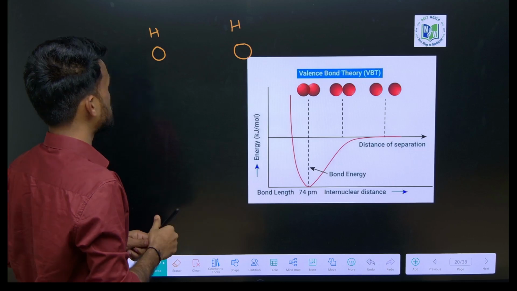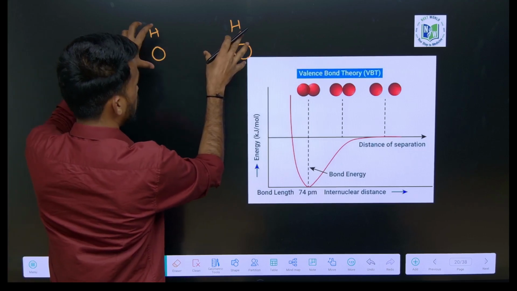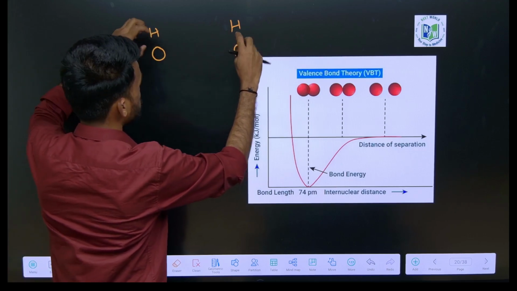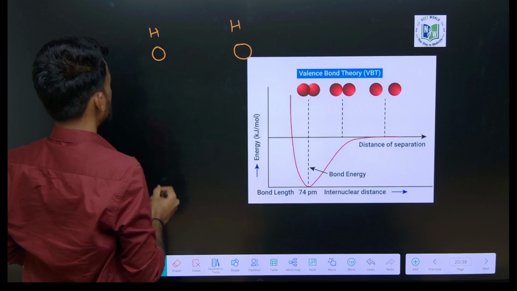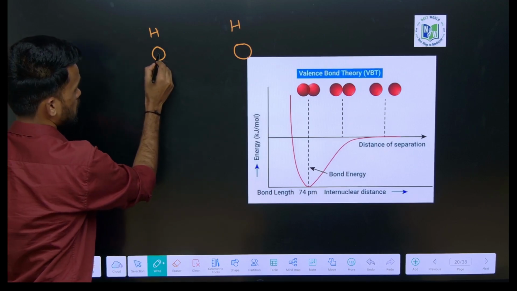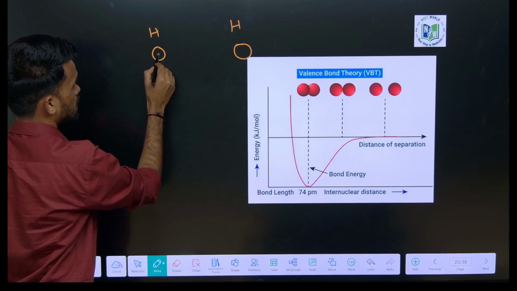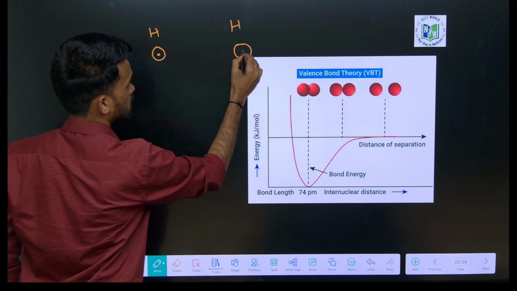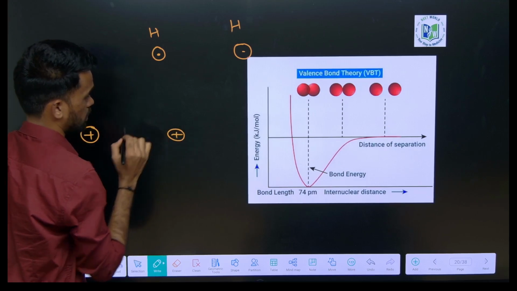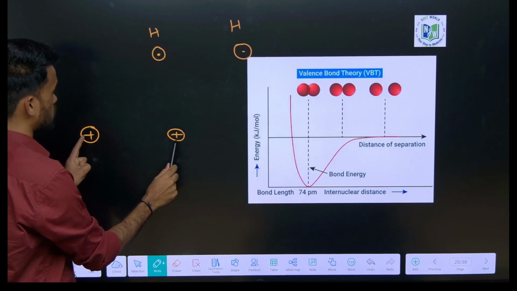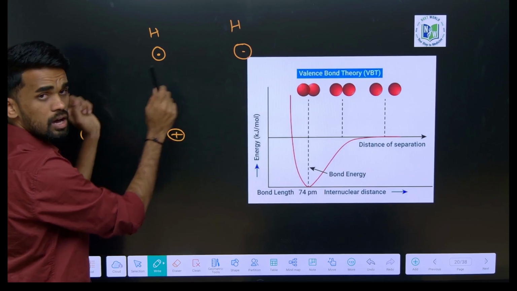Let us bring them closer towards each other. For each atom there is a central nucleus. Let us consider the nucleus as a positive charge. These are the two positive charges which represent the nuclei of the two atoms.